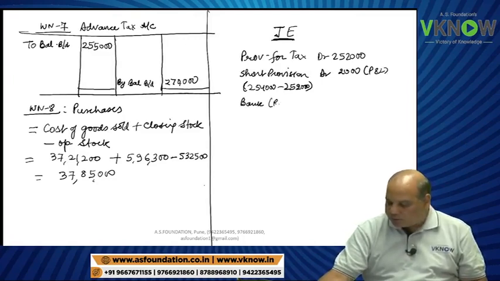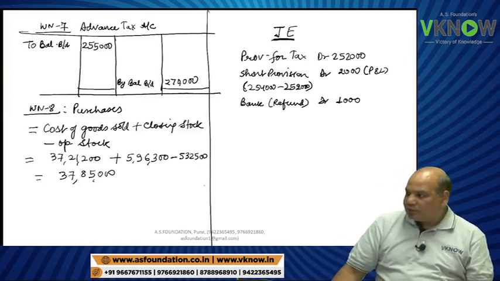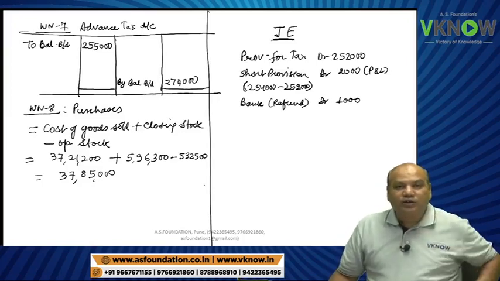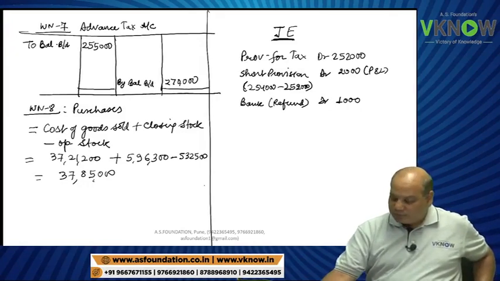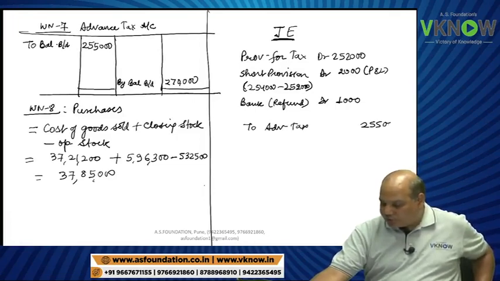Bank account debit refund, we should get refund of 1,000 because we have paid advance tax more than the income tax liability, and credit side to advance tax 2,55,000.